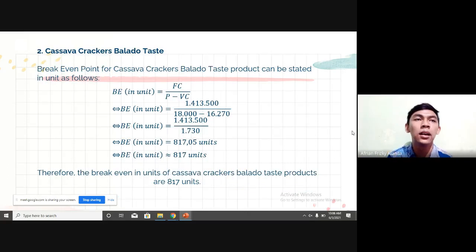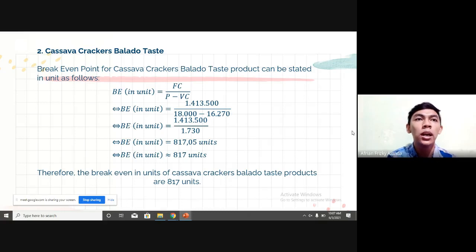The next is the cassava crackers balado taste. We use the break-even formula again for the cassava crackers balado taste. The break-even point for cassava crackers balado taste products can be stated in units as follows.